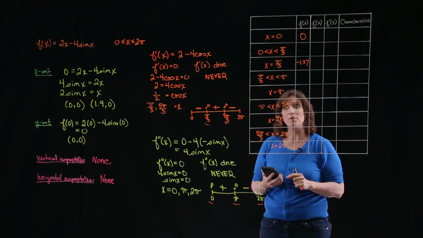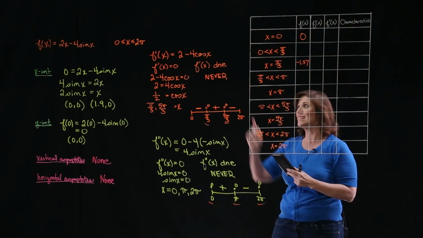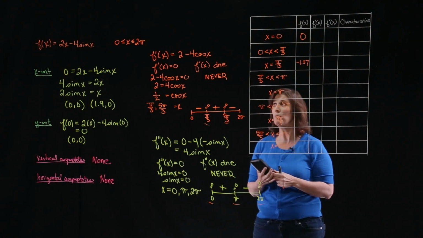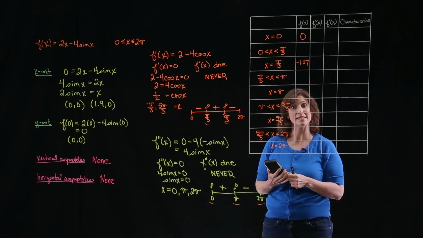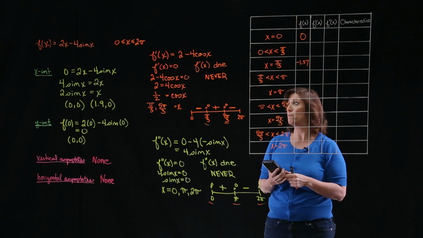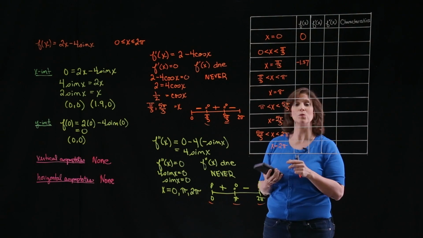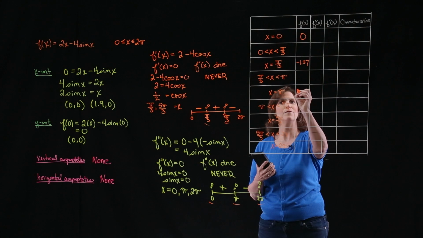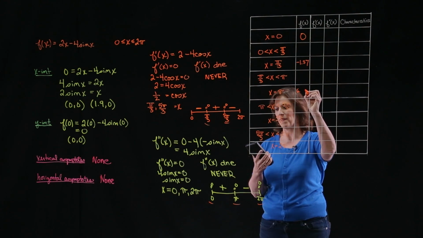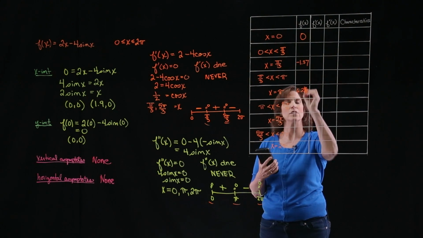I'm going to do exactly the same thing for pi. I want to plug pi into the original problem. So I'll have 2 pi minus 4 times the sine of pi. Now the sine of pi is 0, so it's really just going to be 2 pi. And if I'm going to use decimal approximations for that, that's going to be about 6.28.